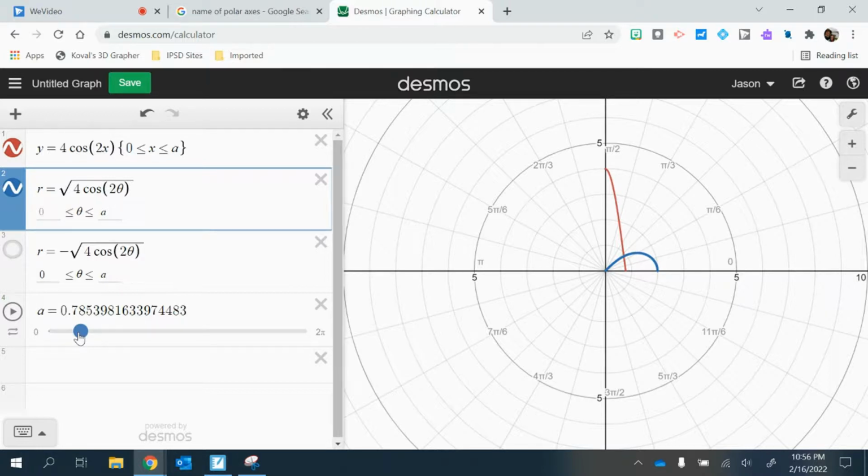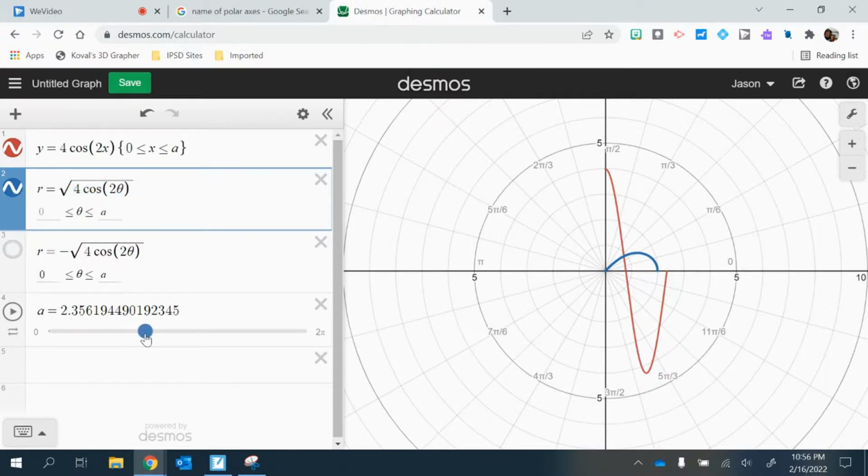So notice that the rectangular graph starts its cosine descent down, and the polar graph starts at a big number and then moves back to the pole once the rectangular graph gets to 0. Now what you notice is that while this is negative, r squared is not doing anything.